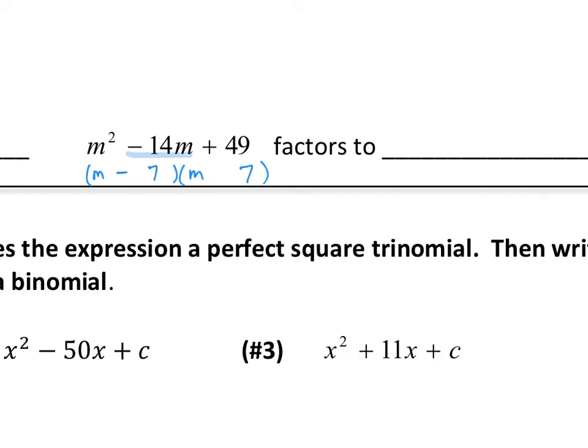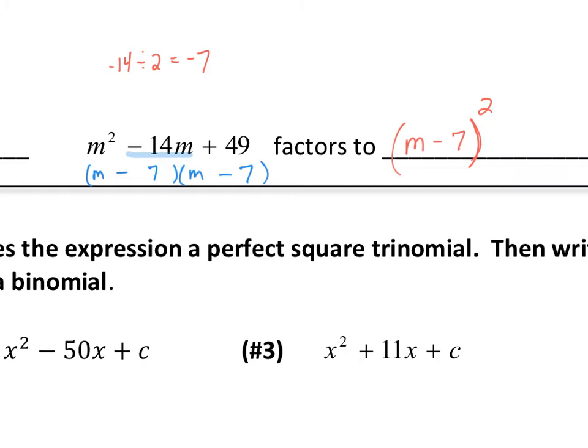So it's going to be a minus and a minus. Okay, and notice if I take negative 14 divided by 2, I will get negative 7. So the perfect square trinomial will factor out to be m minus 7 times m minus 7, which is m minus 7 squared.